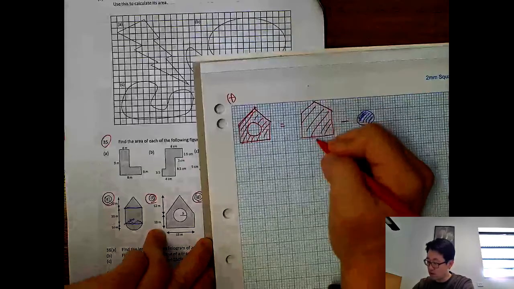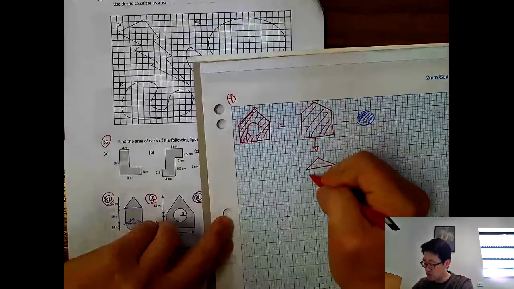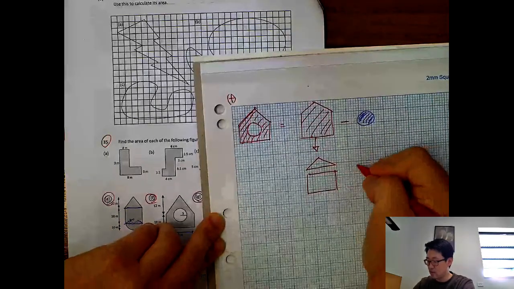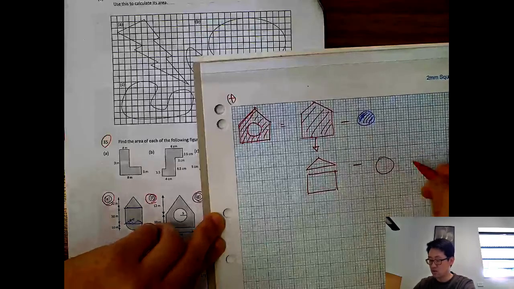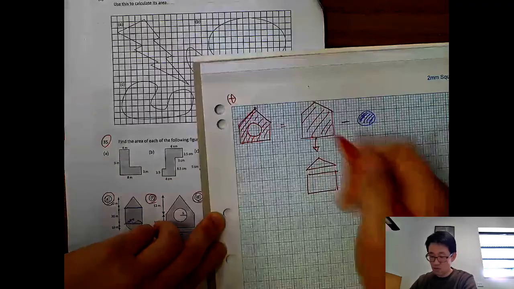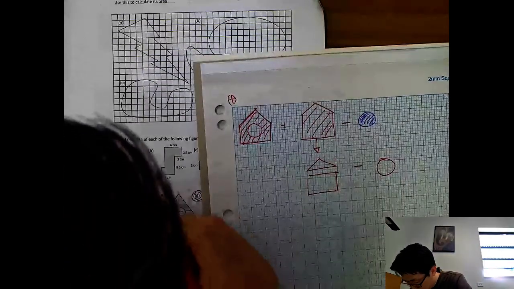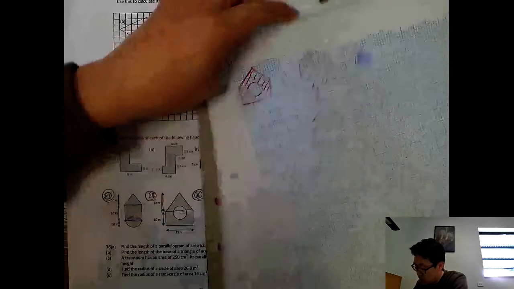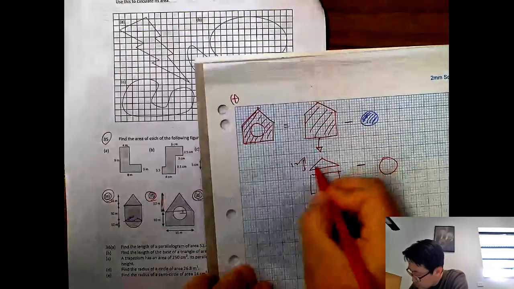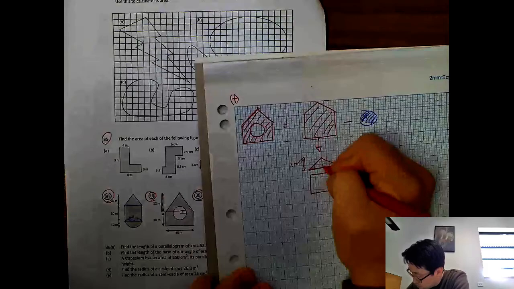How can I get the area of this? This one is a triangle plus a rectangle here, isn't it? Yeah, and minus that circle. That's it. Yep, good. So all I need to do, what's the height here? Let's go and check. Height is 12. So I know the height is 12 and the base is 15.